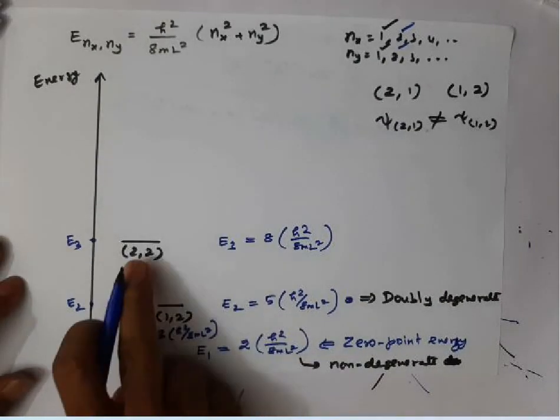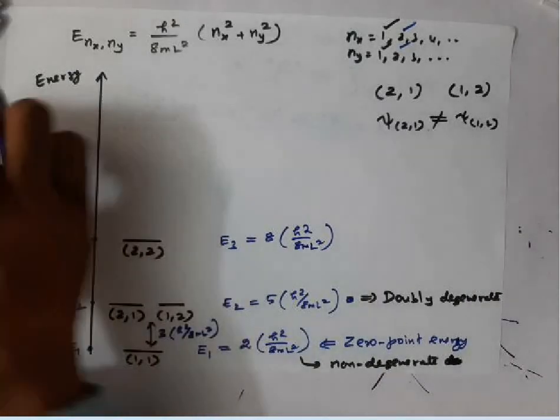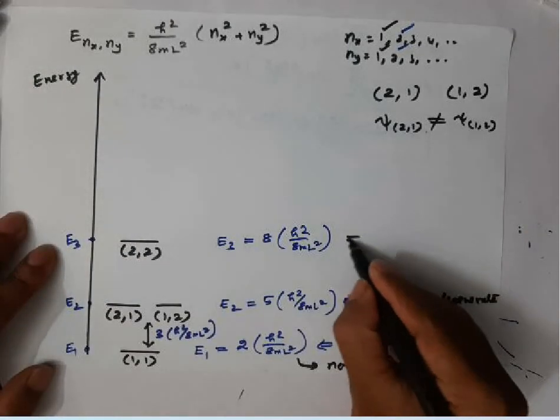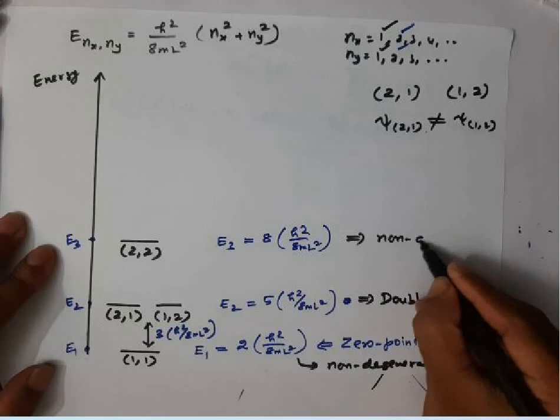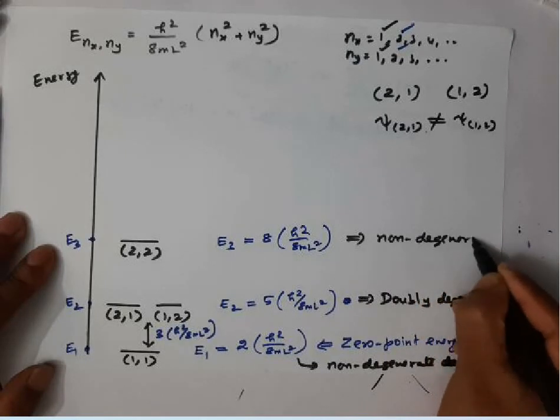This is the second excited energy level, and it is again a non-degenerate level, because we have only 1 state.